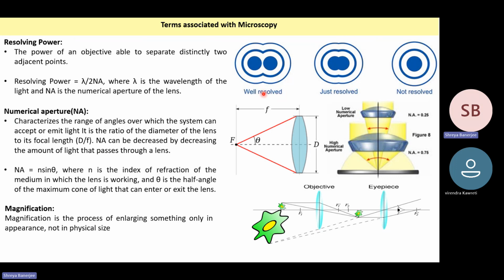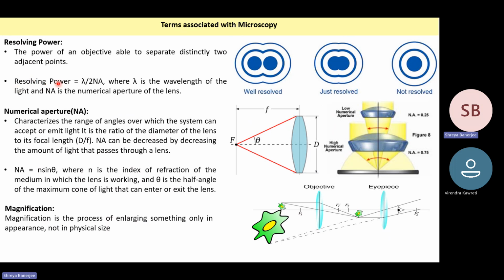Then it will be called well resolved. If the points are starting to merge, it is called just resolved. And if it cannot separate the two points and you get one point, an average point somewhere between the two points, then it is said to be not resolved. That is, the microscope cannot separate between these two points.